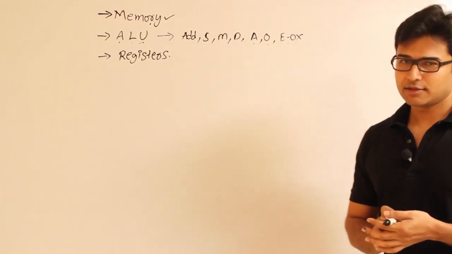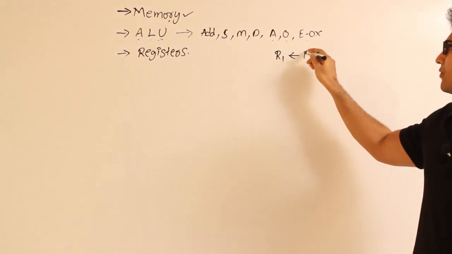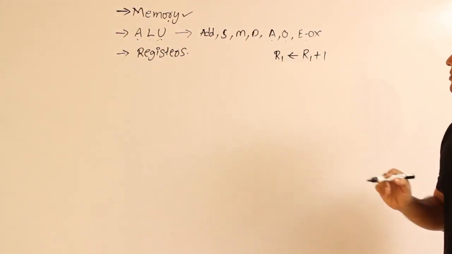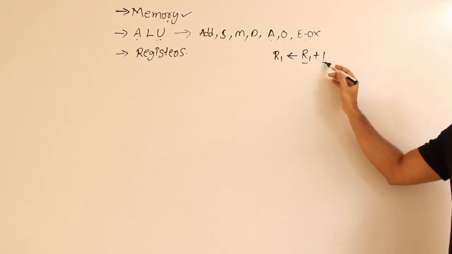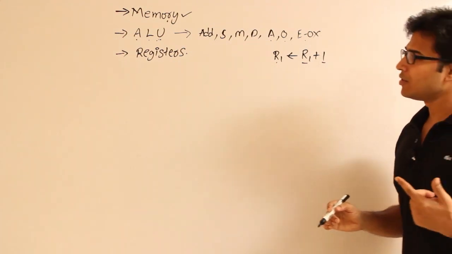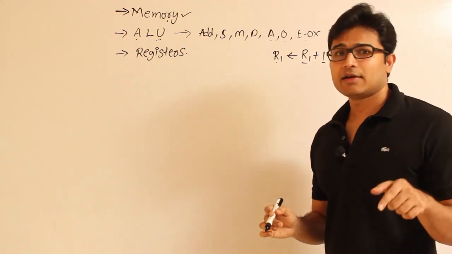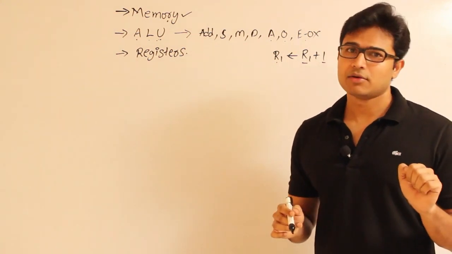ALU. For example, if you have a register R1, and you want to write R1 plus 1, which means whatever is present in R1, you want to increment it by 1 and store it back in R1, you need not go to ALU. You can directly perform it on the register itself if you have connected it as if it is a binary counter. I hope you remember what a binary counter is, right?